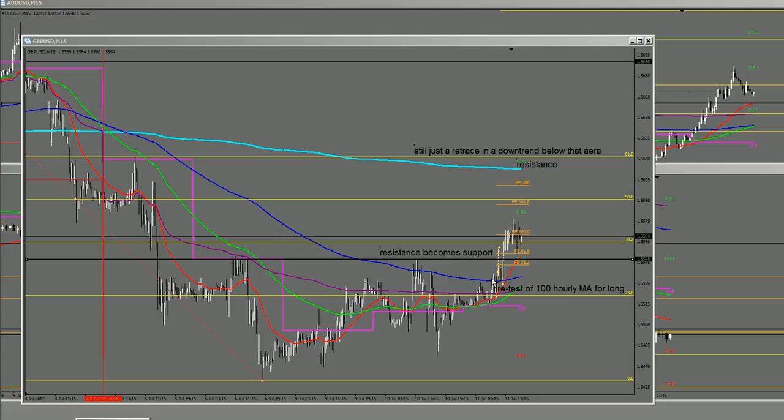So cable broke higher and I took out half at 50, and then just trailed my stop very tightly behind that level again at 47. I got stopped out for the second half, so roughly 10 pip profit here.